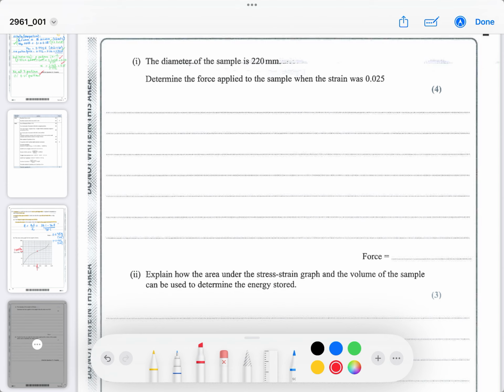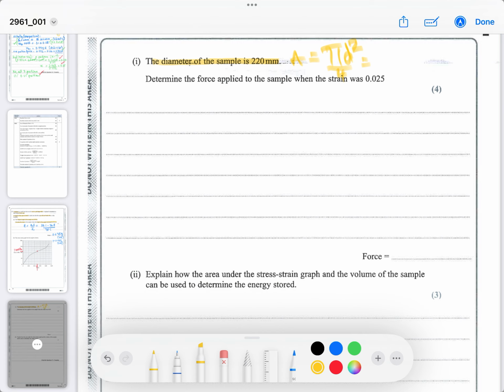So the next question is asking us that the diameter of the sample is given in millimeters. So you've got to change that into area in meters squared. So that will be pi d squared over 4.